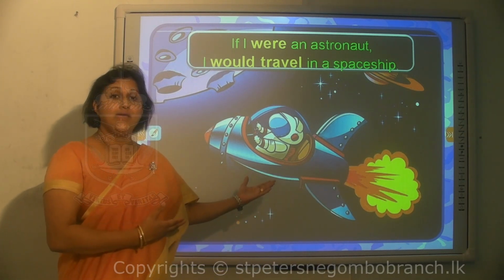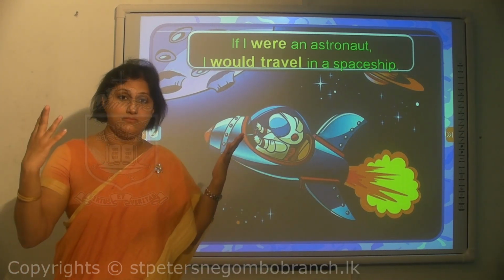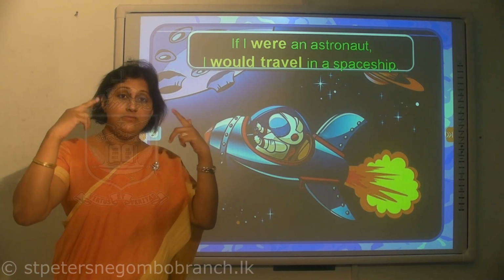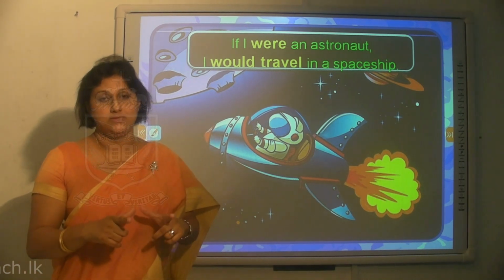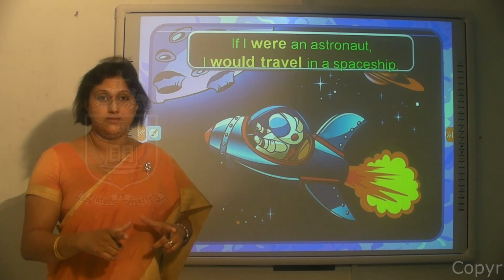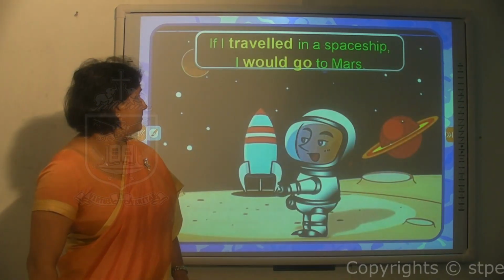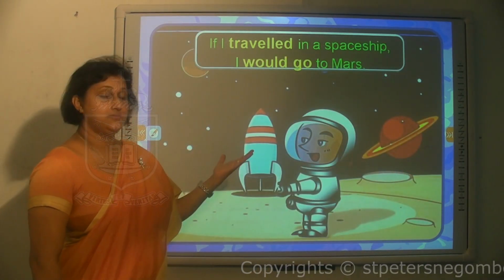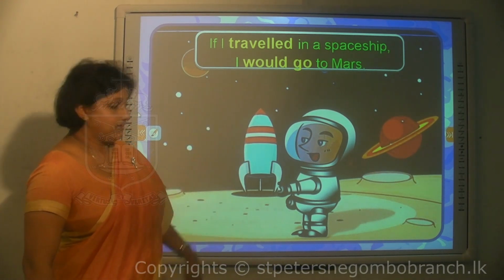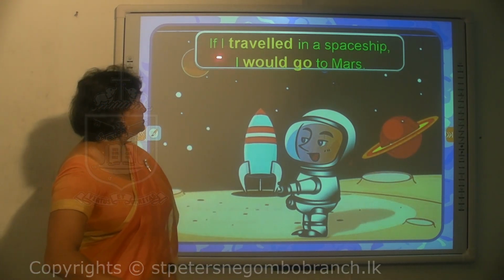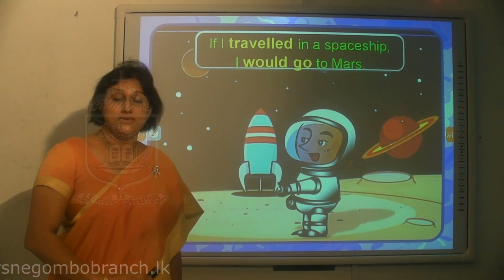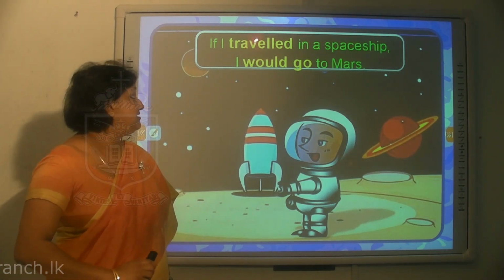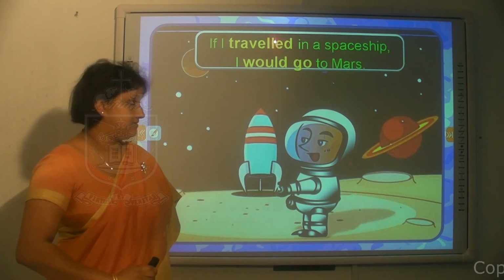If I were an astronaut, I would travel in the spaceship. This is not a reality. You are just imagining. You are just thinking. You are imagining the situation, but it's something which does not exist. Not real. If I traveled, simple past tense. Now see, in the first part, if I traveled in the spaceship, the word traveled is given in simple past tense.